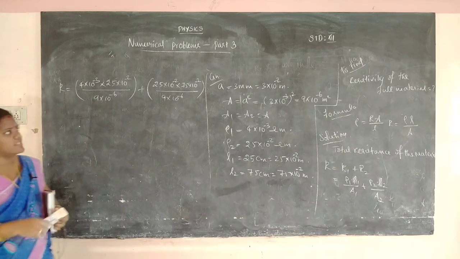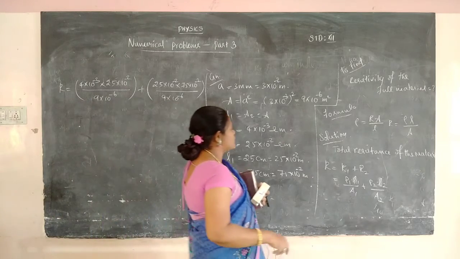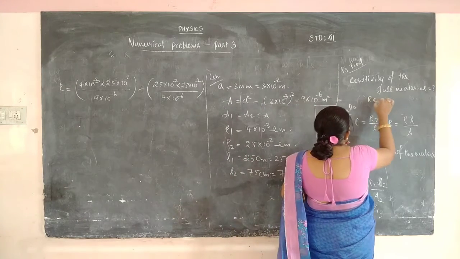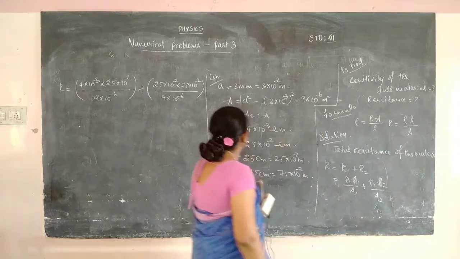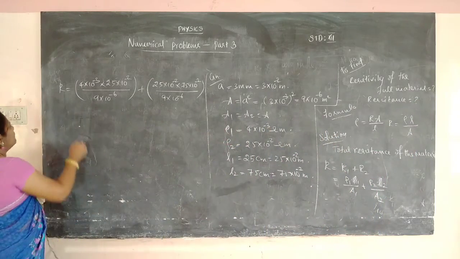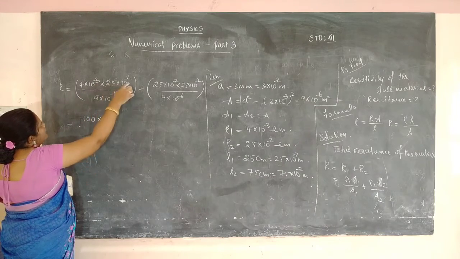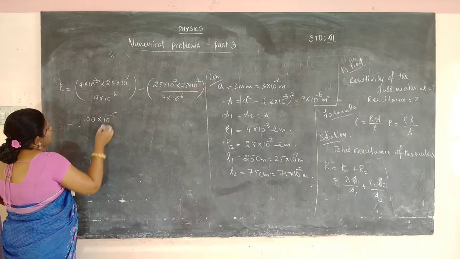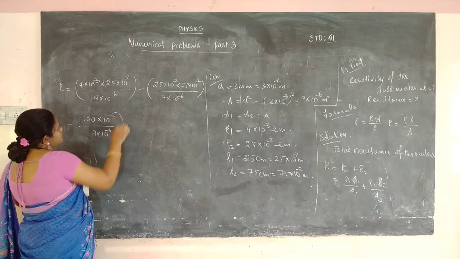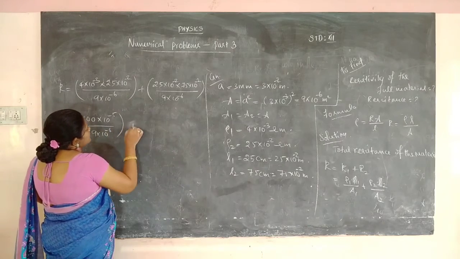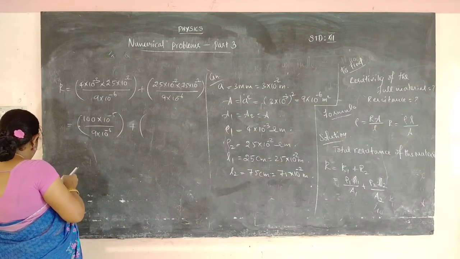We want to calculate the resistivity of the material first, and the resistance of the material also. Simplify that: 4 into 25 is 100. So 100 into 10 power minus 3 into 10 power minus 2, 10 power minus 5, by 9 into 10 power minus 6. Then plus rho 2 into 75.